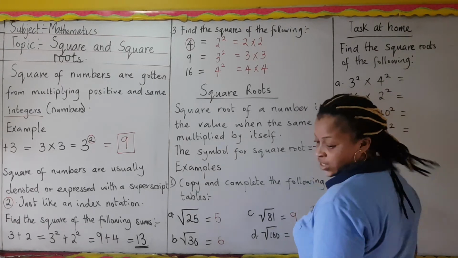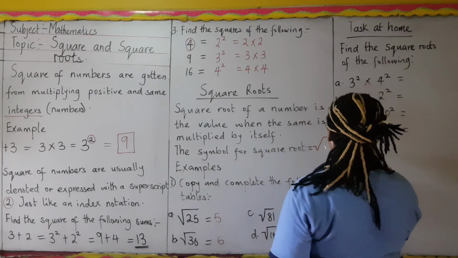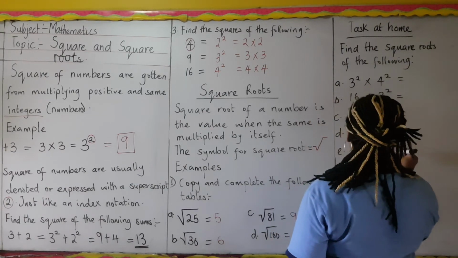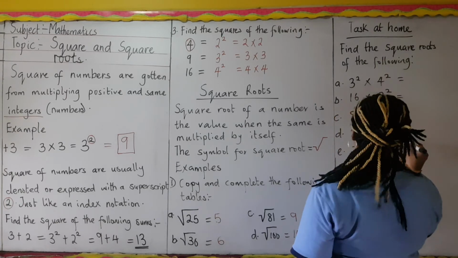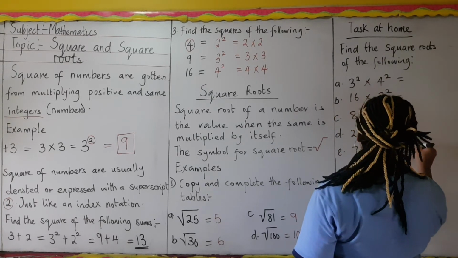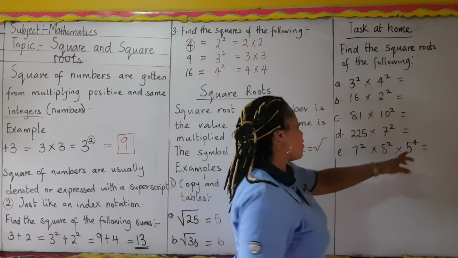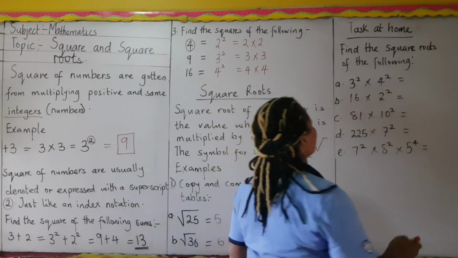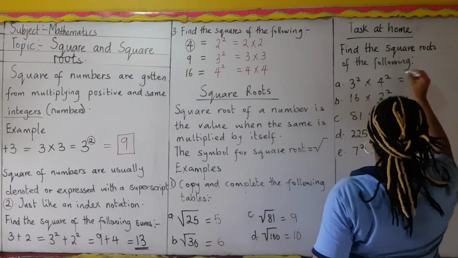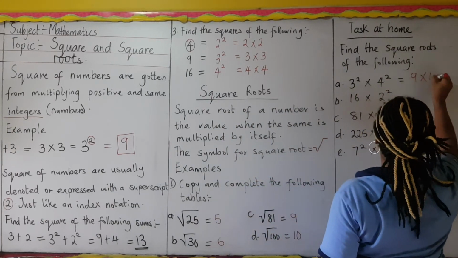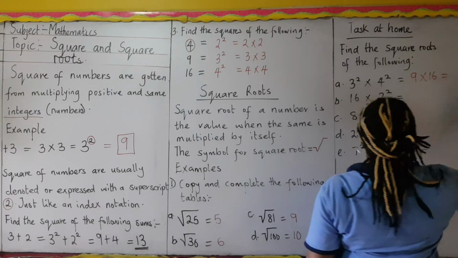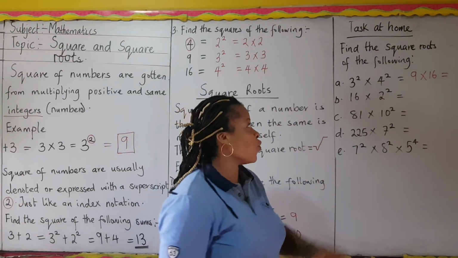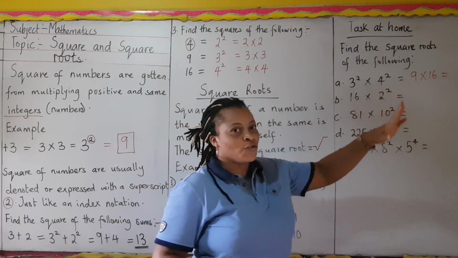Then E, which is the last one, is 7 squared times 8 squared times 5 raised to power 4. Good. This is multiplying 5 in 4 places. So for the first one, you should know what I mean. This is just to say 9 times 16. You get the number and then the square root of that number. So I've given you a hint of what to do, then you finish it.